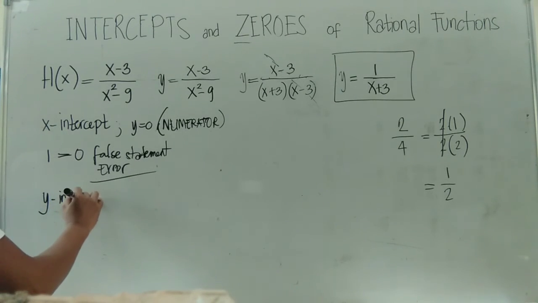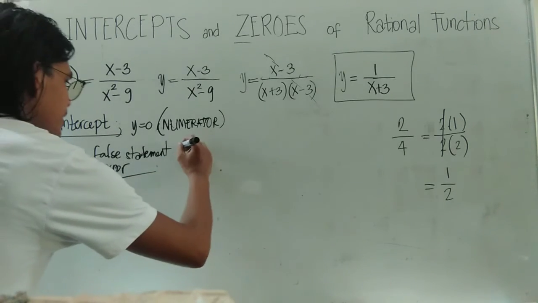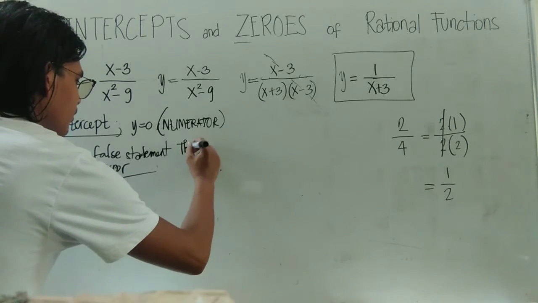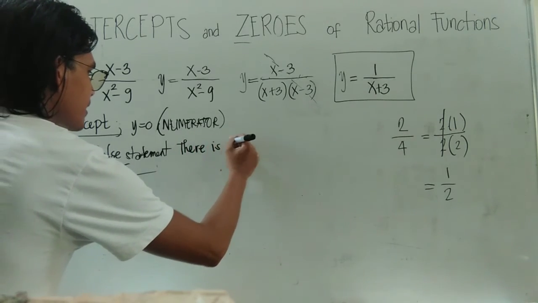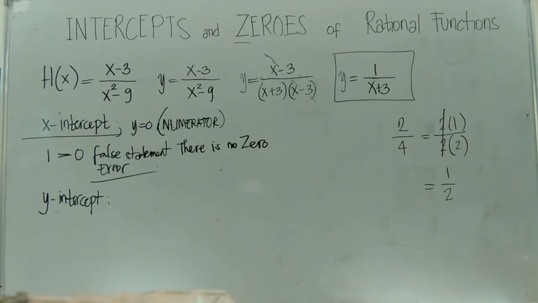So let us proceed to your y-intercept. So we can say that there is no zero in the function.